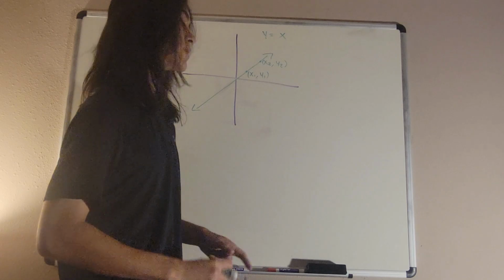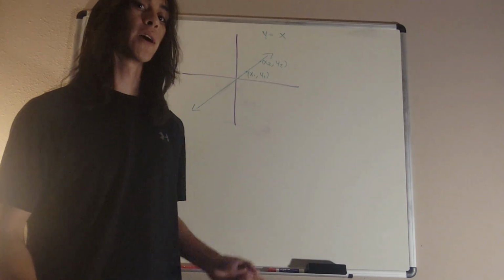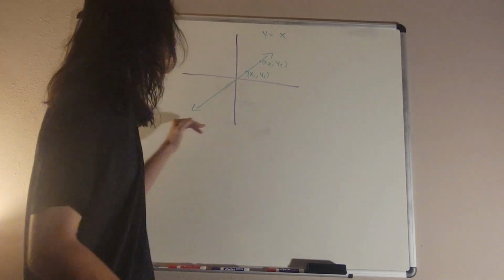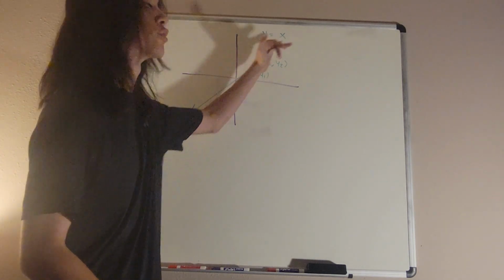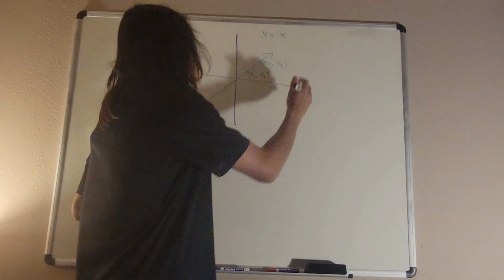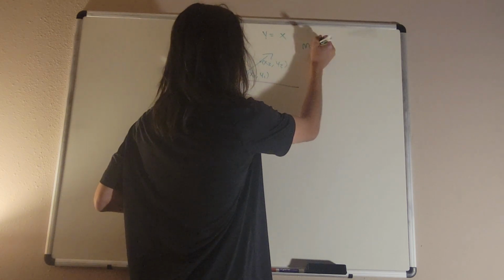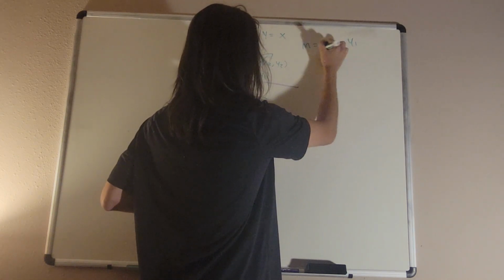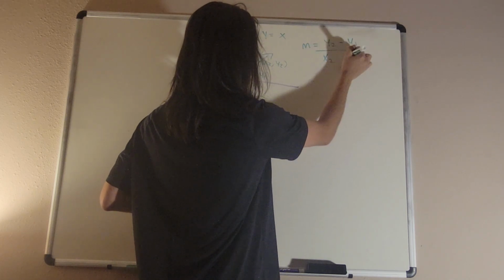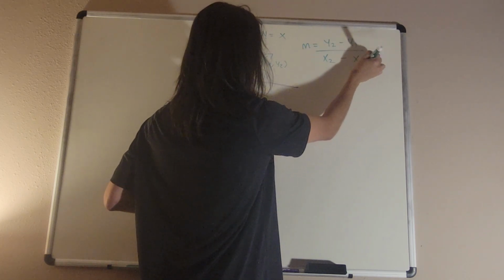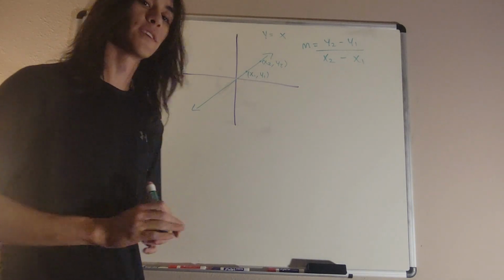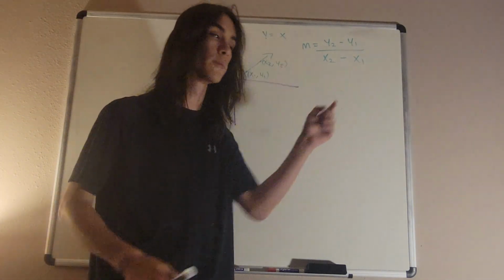So in order to find the slope, which keep in mind is going to be consistent since it's a linear function throughout the entire graph, it's going to be a constant. So the formula for that is y sub 2 minus y sub 1 over x sub 2 minus x sub 1.